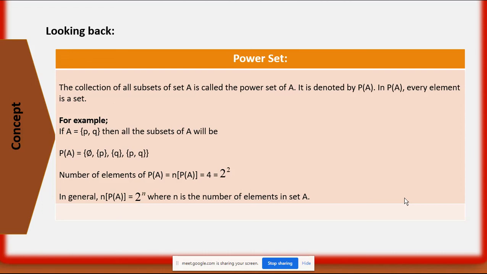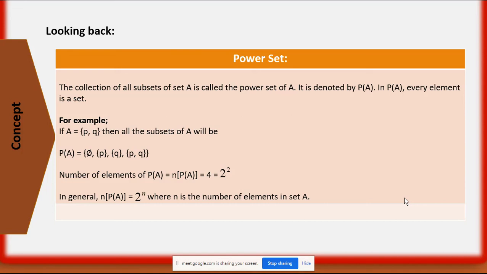Then the possible subsets of the set A are: phi, that means the empty set; another subset by taking only the element P; another by taking the element Q; and the set PQ is also a subset.